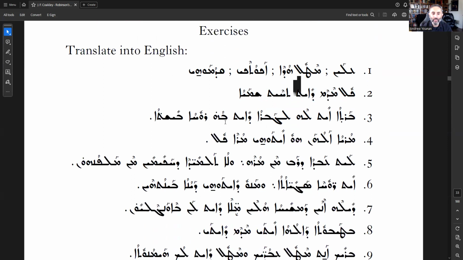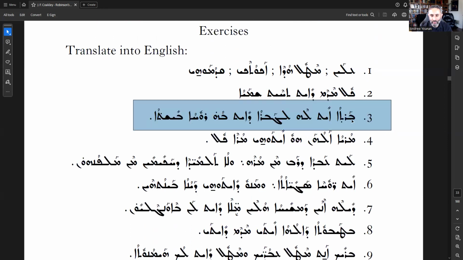Bartha ithle. I guess this is a whole sentence, yeah. Let me translate this for you, just so you can get an idea. Bartha ithle, a daughter there is for him, for the man. In other words, the man has a daughter.